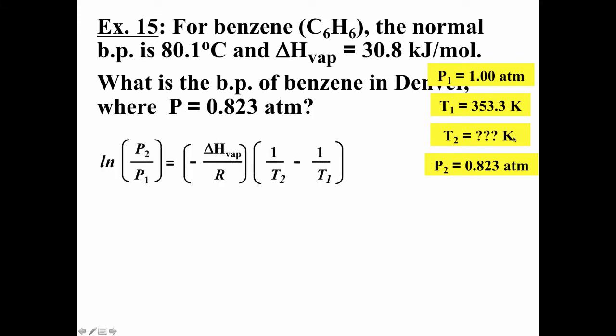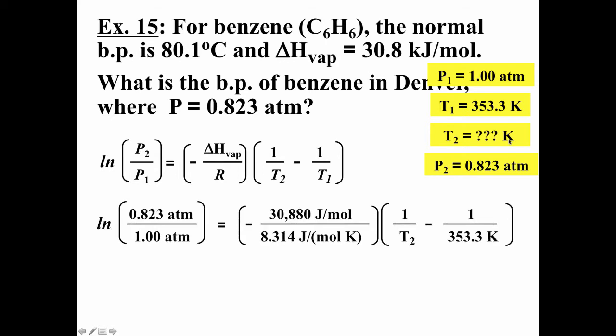Here is our Clausius-Clapeyron equation in the 2-point form, P1, T1, and P2, T2. And if we plug in all of our values, we get the natural log of the quotient of P2, which is 0.823 atmospheres, over P1, which is 1 atmosphere. Delta H of vaporization is 30.8 kilojoules per mole.